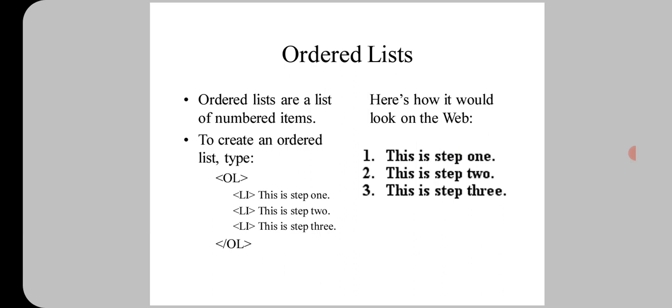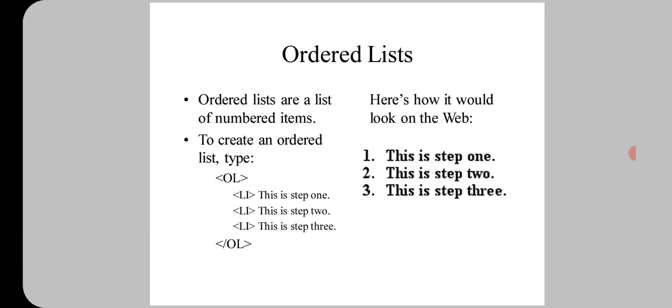There are two types of tags available: the OL tag and the UL tag. The OL tag is used to display the list of items in a predefined order, such as 1, 2, 3, 4 or A, B, C, D. This type of list is called an ordered list.